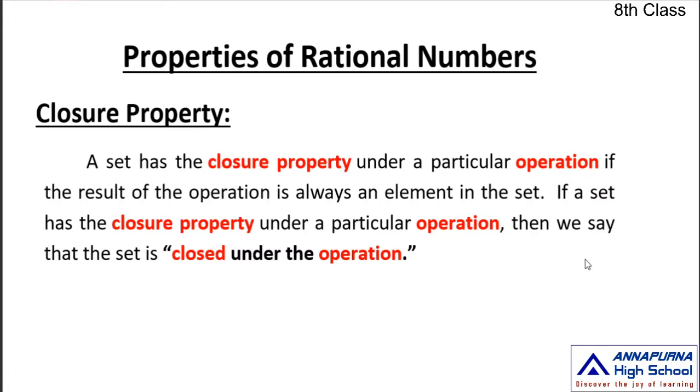A set has the closure property under a particular operation if the result of the operation is always in the set. If a set has a closure property under a particular operation, then we say that the set is closed under the operation. Once again I repeat, a set means the collection of numbers, a group of numbers.